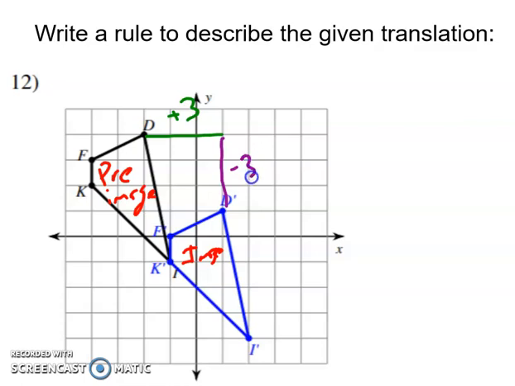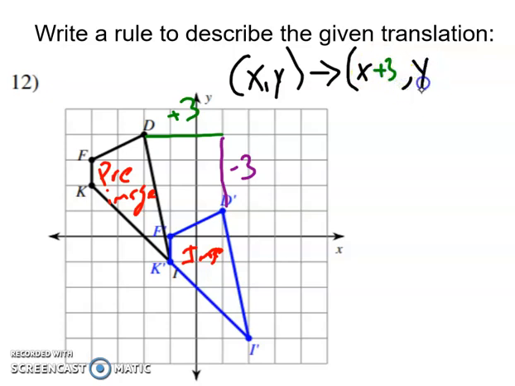I went down 3, so our y direction is minus 3. So our rule would be x comma y goes into x plus 3 because we went 3 to the right, and y minus 3 because we went 3 down. And that is how we write a rule to describe the given translation.